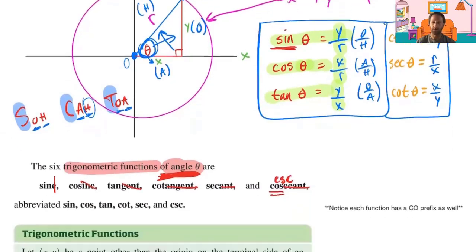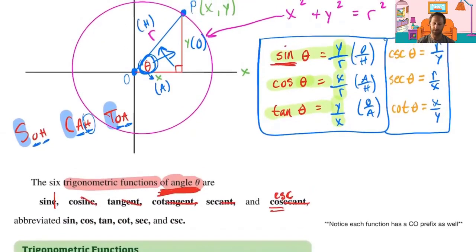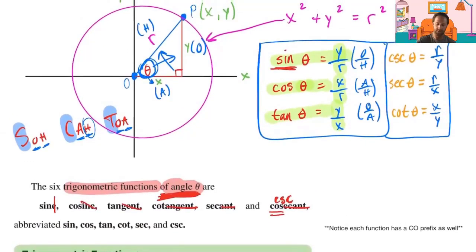Okay? And hopefully you recognize that with each one of these, I wrote down here, each pairing actually has a co-function. And that's another thing that we will talk about as we progress. There is sine theta and cosine theta. There is tangent theta and cotangent theta.